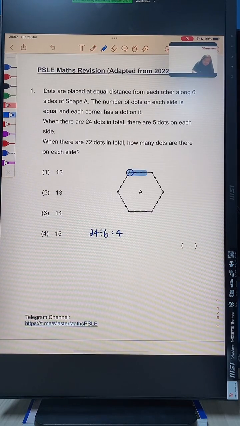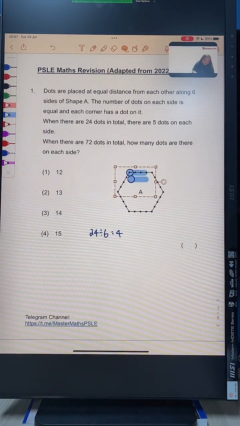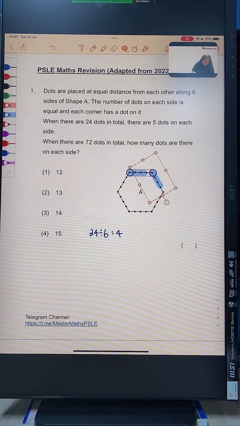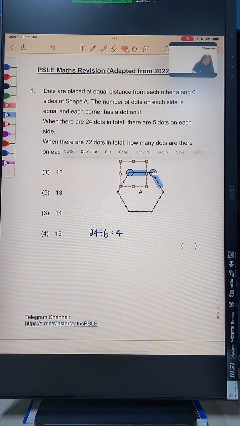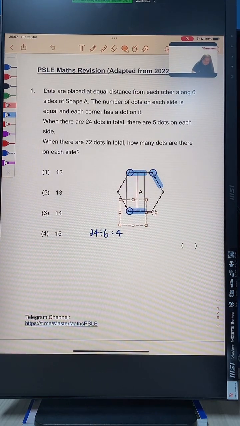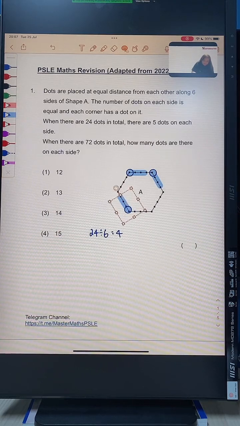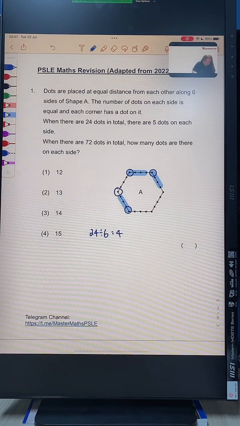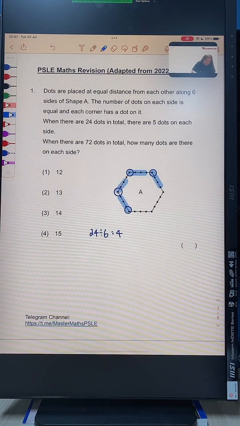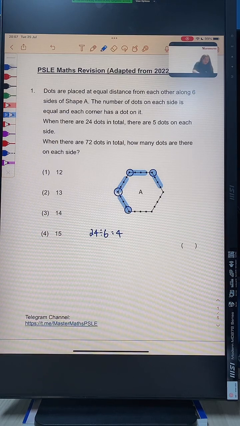This is how 24 divided by 6 looks like. On one side, I'm only going to get 1 corner. So it looks something like this. This corner is going to go for this side. Each side is only going to have 1 corner attached to it.